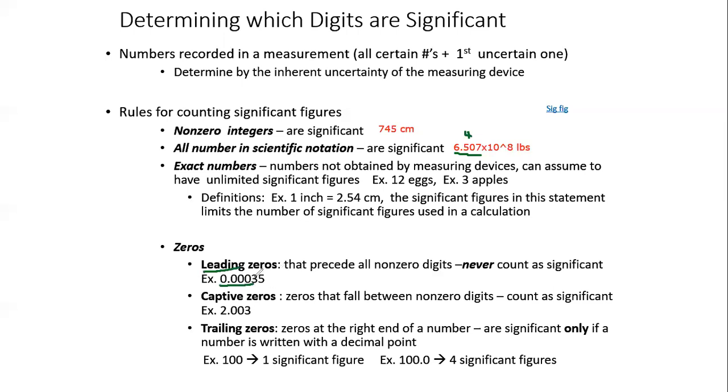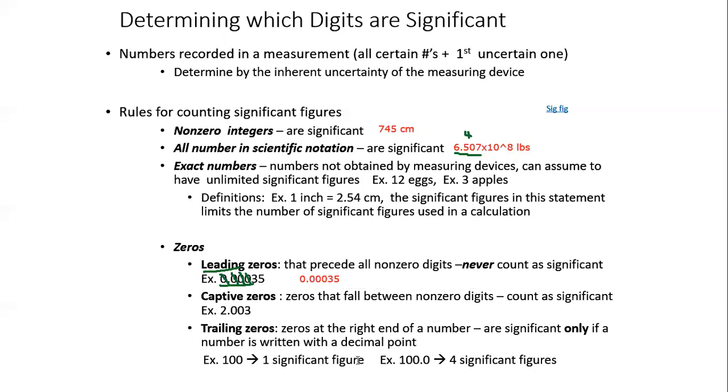Since these zeros are to the left of the first non-zero digit, all of these zeros are not significant. We call them insignificant. And so those do not get counted as significant figures. So if you wanted to write this number in scientific notation, let me write it here, 0.0035.